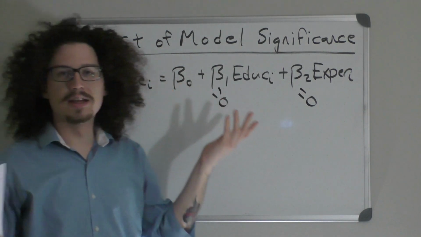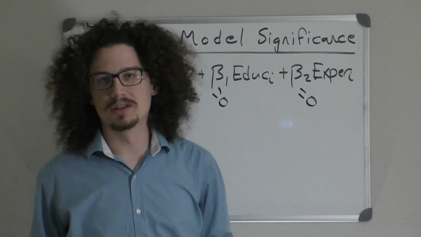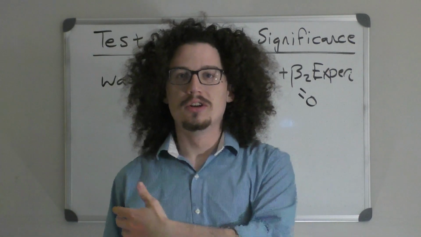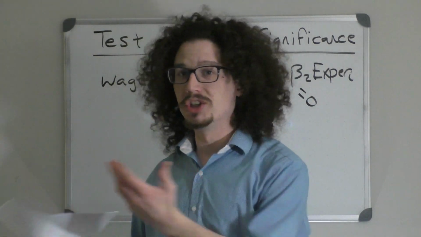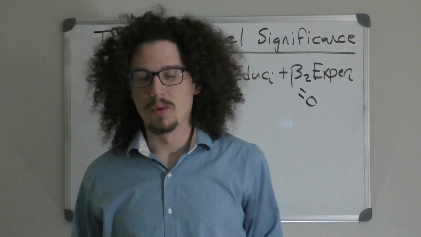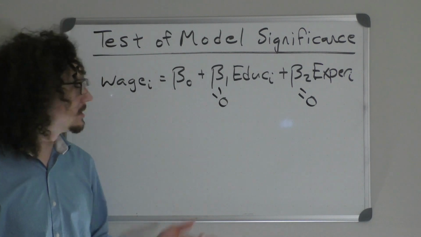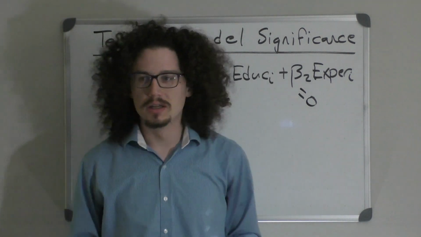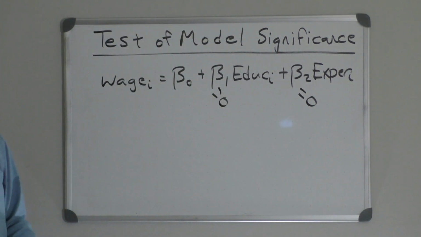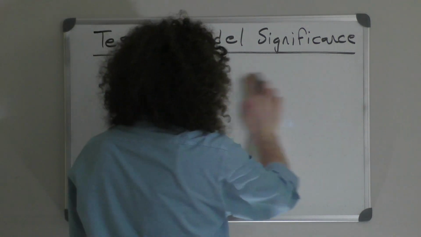So the only thing left is beta naught. Well, that doesn't tell us anything. It just tells us that wages are equal for everybody, or it's just giving us the average for the wages. That's not useful, that's not good. So we want to test to make sure that at least one of these does not equal 0.